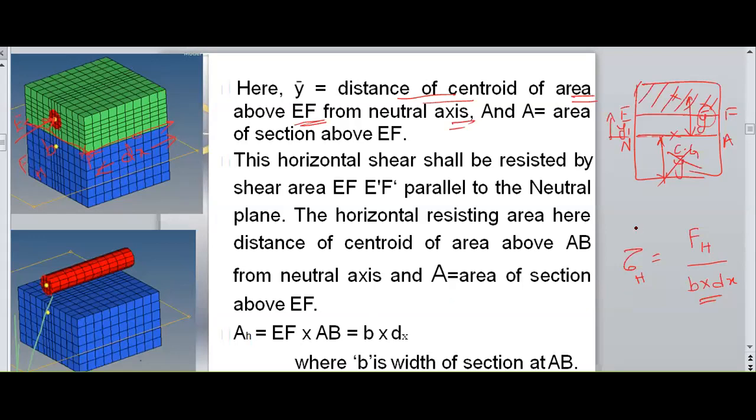Now I need to find out the shear stress. Horizontal shear stress is my aim. So I need to find out the horizontal shear force by area. So that area is B into dx. Here B into dx is the area of the horizontal cross-sectional area.